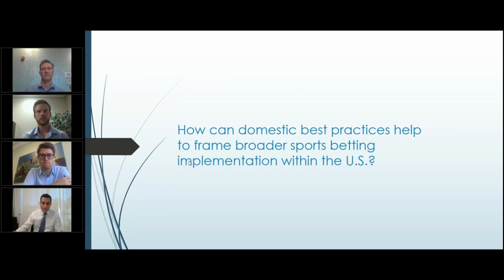But there's a lot of regulation and compliance measures in Nevada that we think are really strong, and that should be replicated throughout the U.S. Computerized betting systems allow us to track transactions and data in real time.